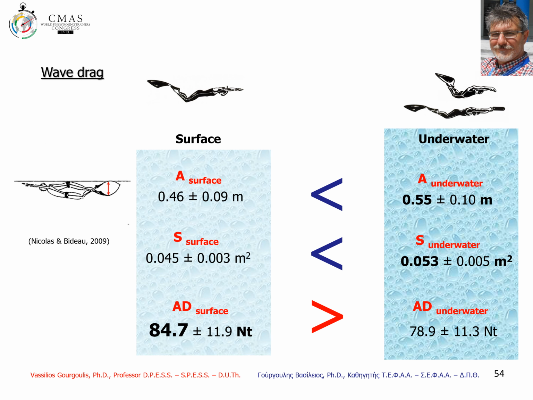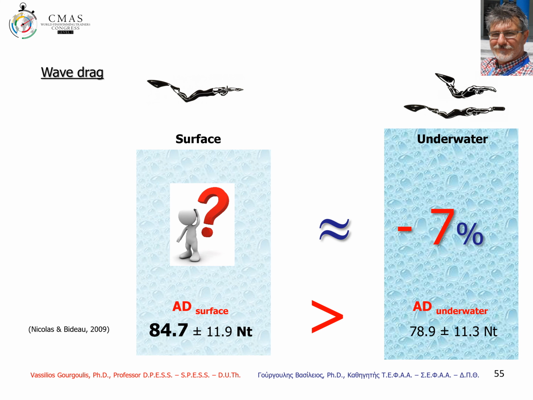Despite the narrower vertical amplitude of the fin during surface monofin swimming and the smaller cross-sectional area, the active drag is greater in comparison with the underwater monofin swimming. And the question arises is, which is the advantage of underwater swimming?